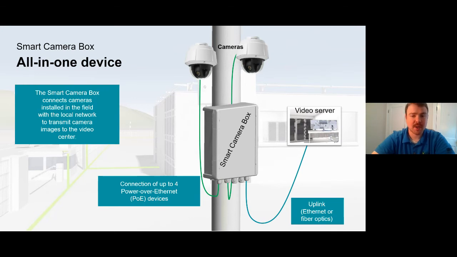Or you could have an uplink port that is run back to a video server at the main building. So it's very flexible for being a standard part number. Again, it can connect up to 4 cameras, 2 to 4 cameras. We'll get into the variants later, but this is also a nice example of how they're connected.